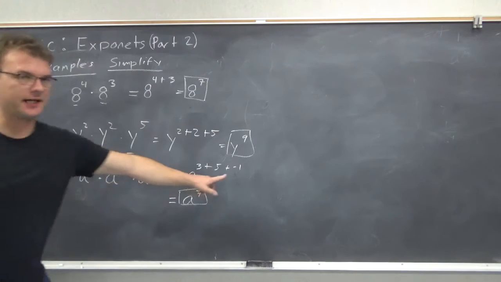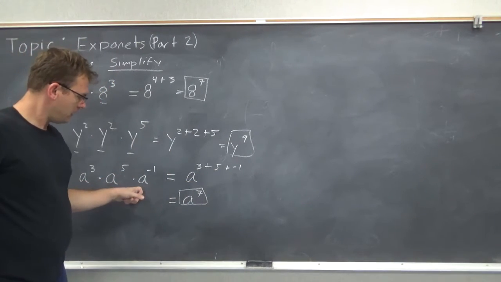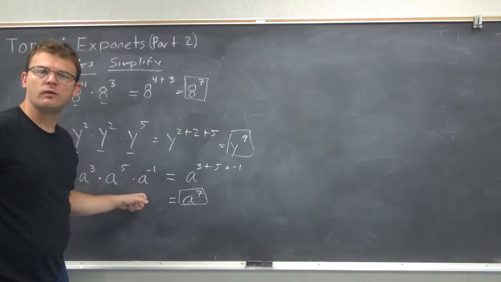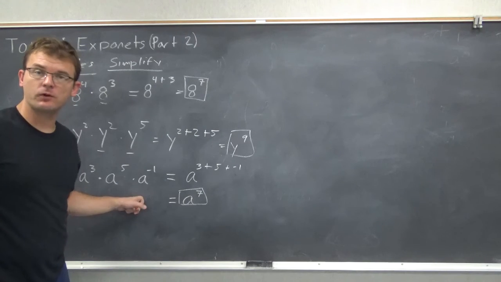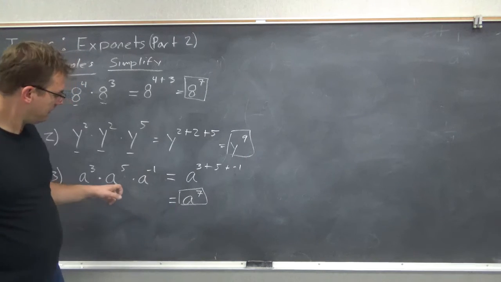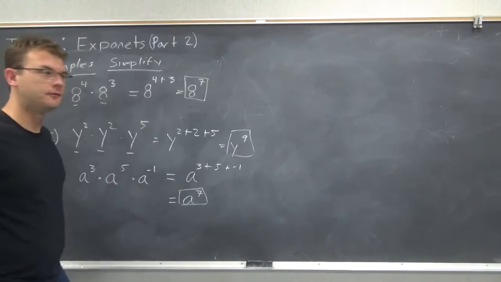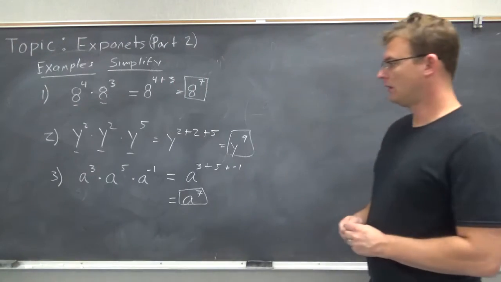So that's okay with negatives. You're probably thinking, wait. You have to do the reciprocal of this one. You're right. But you don't need to do that for multiplication. Okay?